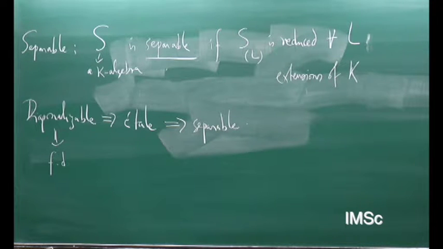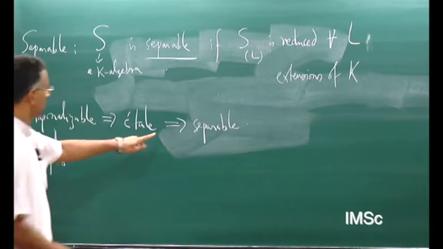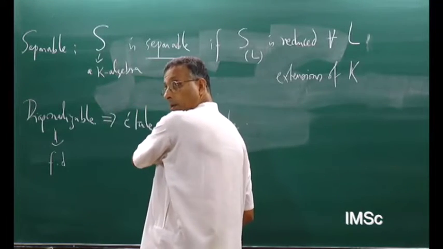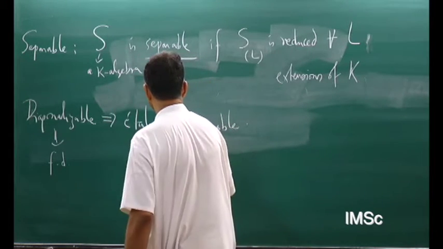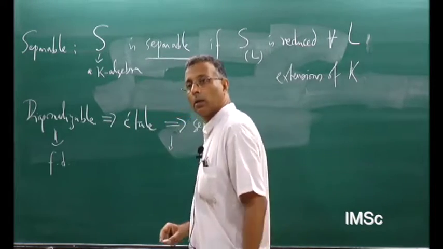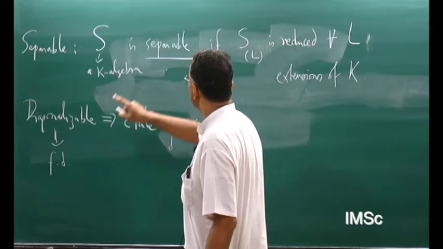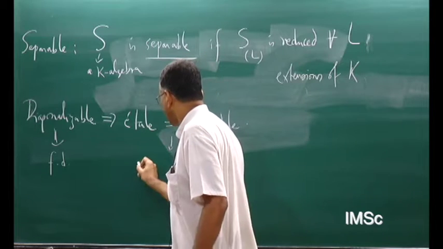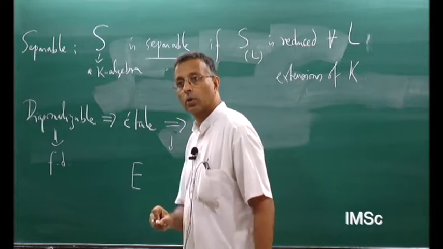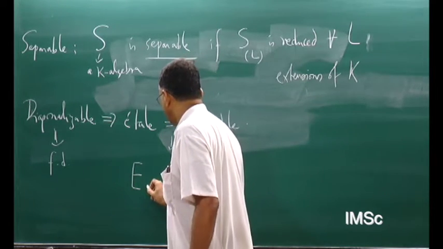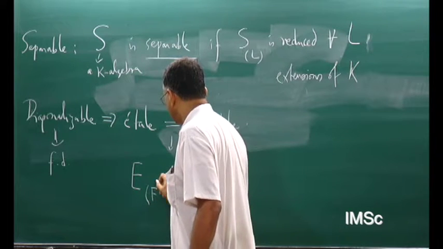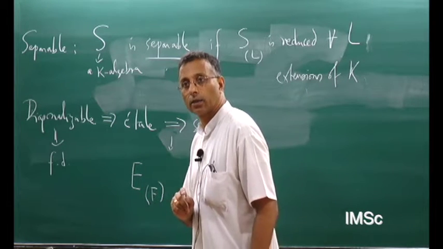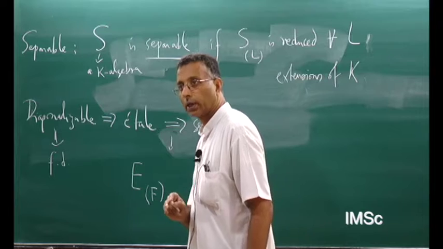Now, just the proof of this very quickly is the following. So, we want to show that, so I take some étale E. I want to show that for any extension F, E ⊗ F is reduced, right.